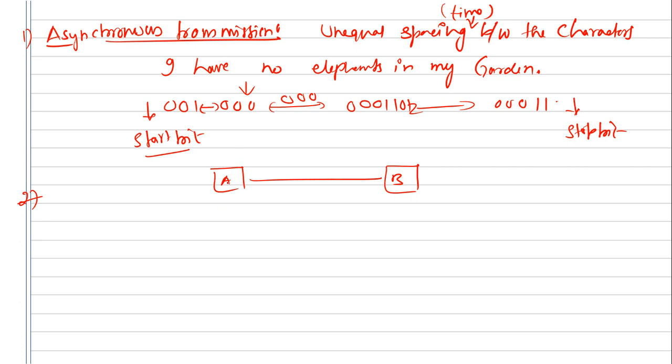Both of them are not synchronized, not in sync with each other. Let's say the present time is 9 a.m. here, but here it can be 9:10, just for example. So they have their own free running clock, using a quartz crystal for the clock.